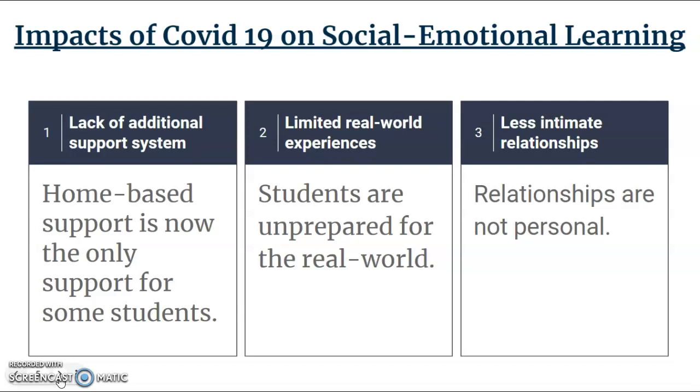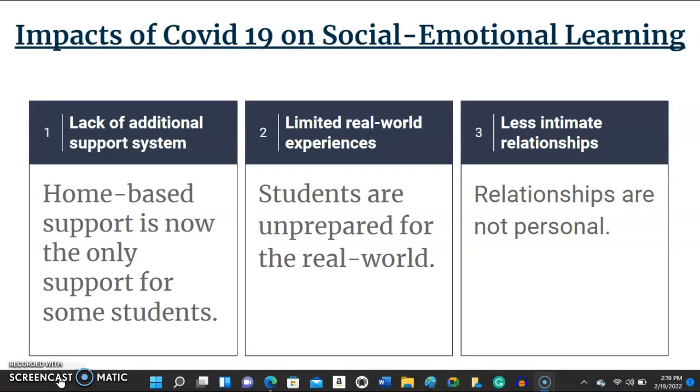So that's one impact. The second impact is limited real-world experiences. They're at home with their families, and most likely their family members share the same ideas and views as them.